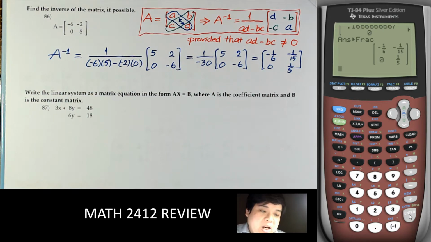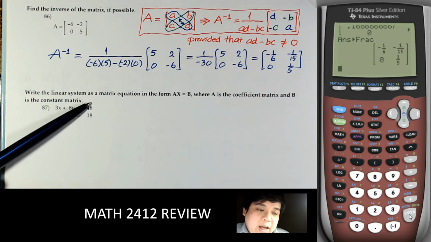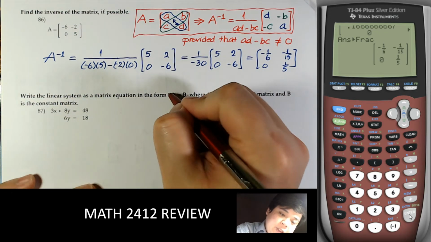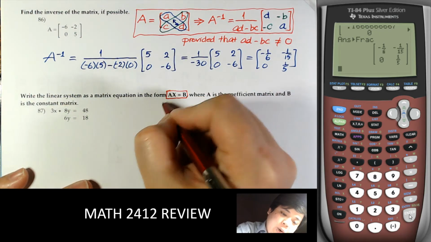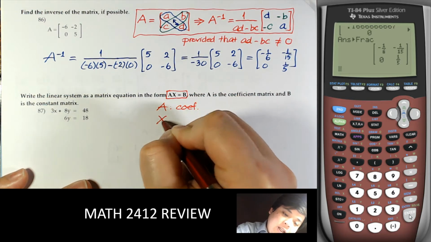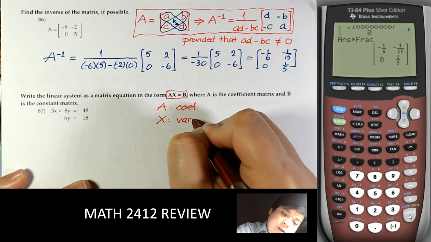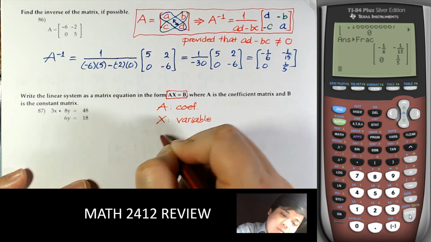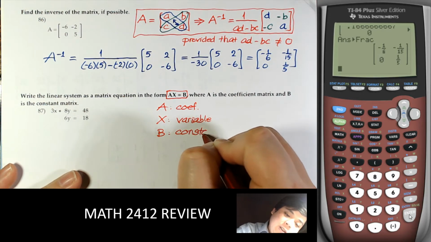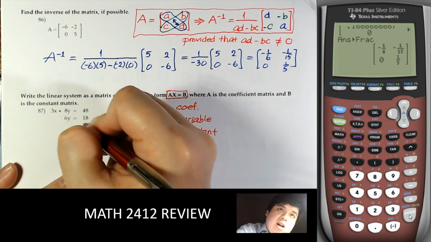Next, write the linear system as a matrix equation. So that's easy. The matrix equation is in this form: AX equal to B, where A is the coefficient matrix, X is the variable matrix, and B is the constant matrix. The constants are on the other side of the equation.